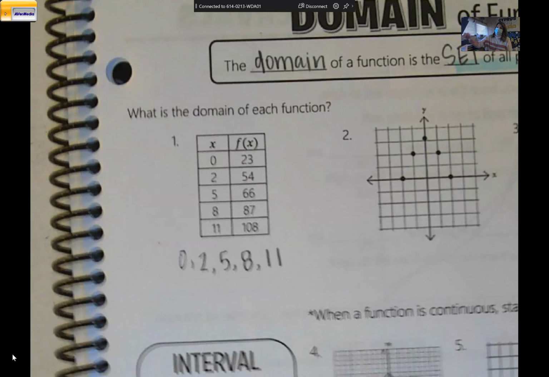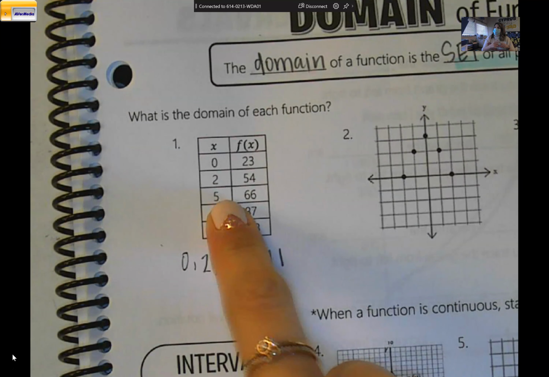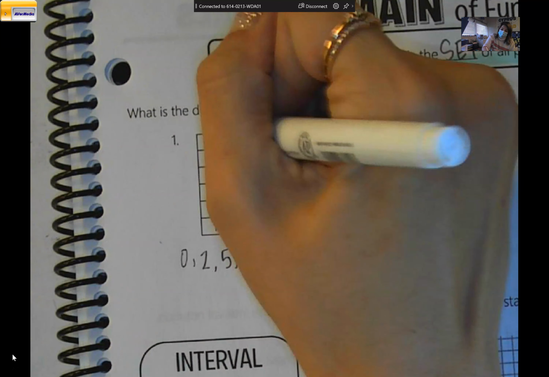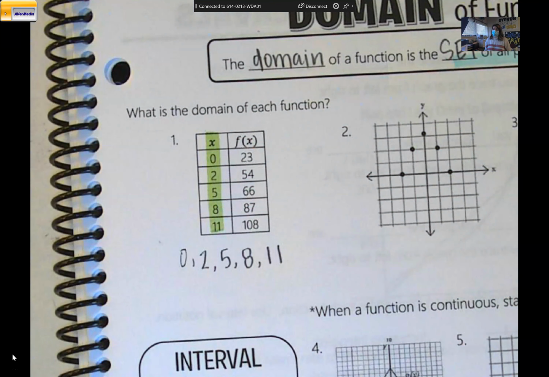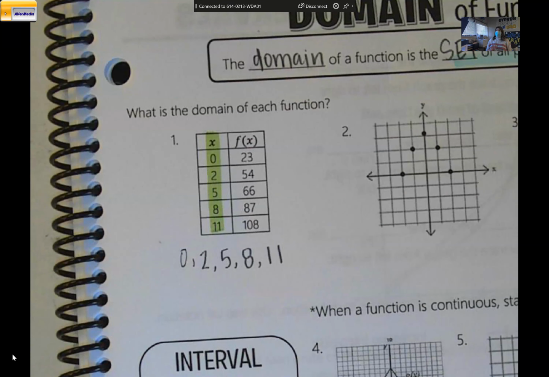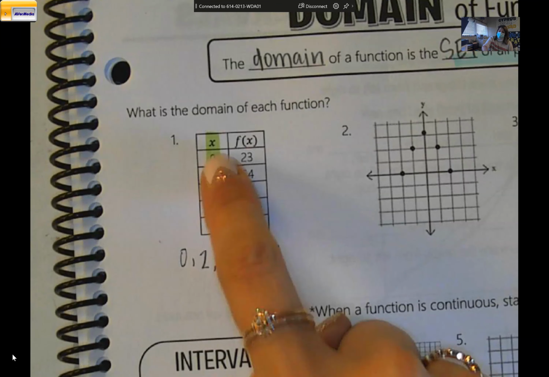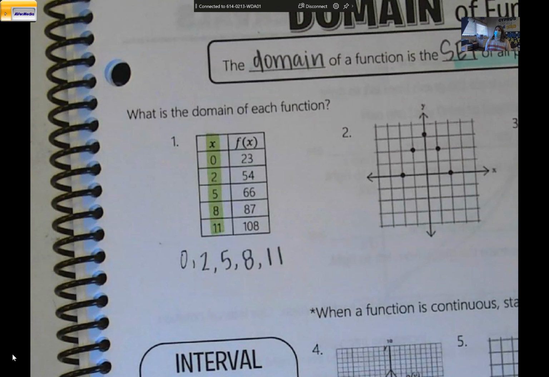How do I know it can be those numbers? Because this table tells me. This table gives me all of the x values for my function. It cannot be any other numbers. So it cannot be 1. It cannot be 7. It cannot be 50. The only things x can be is 0, 2, 5, 8, and 11.